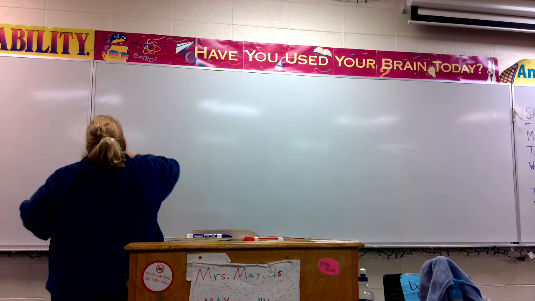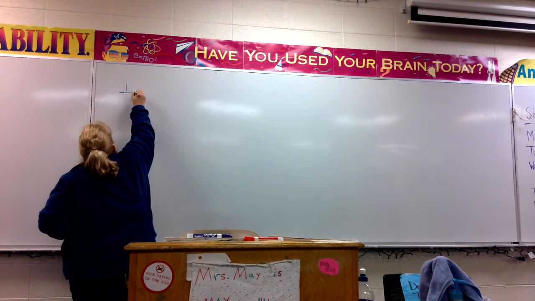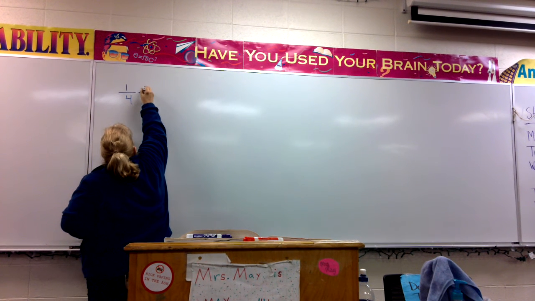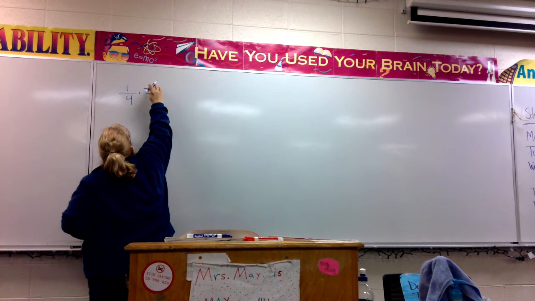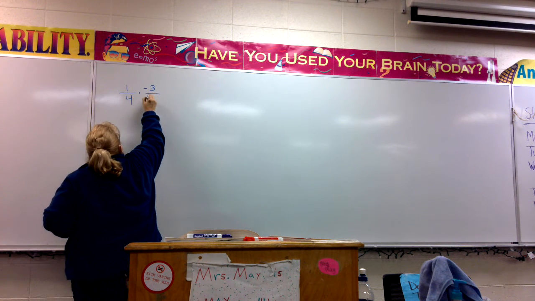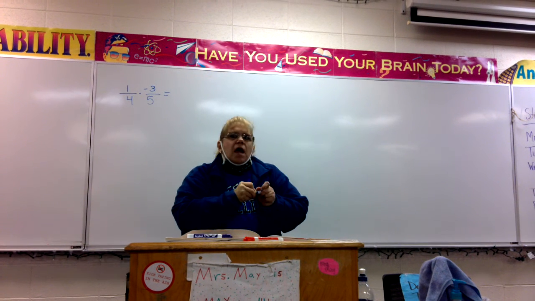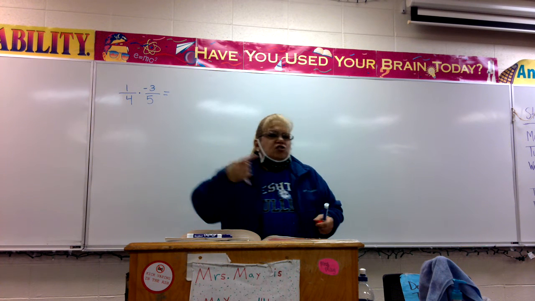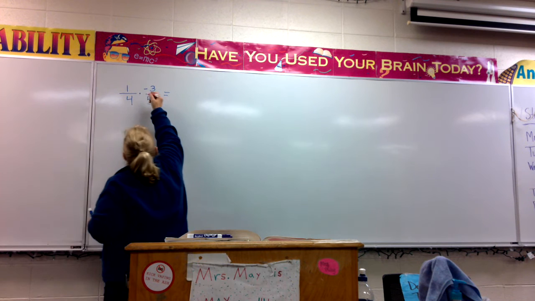Yesterday we multiplied fractions. We did things like times -2, right? And the rule was for multiplying fractions straight across, top times top, bottom times bottom.